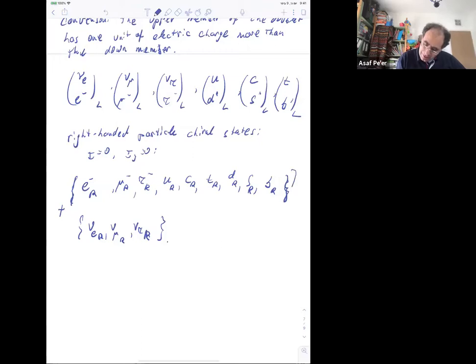Now, all these states are not affected by any rotation in the SU(2)L space.